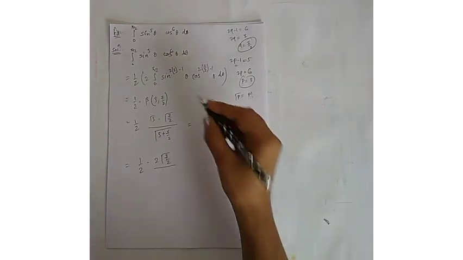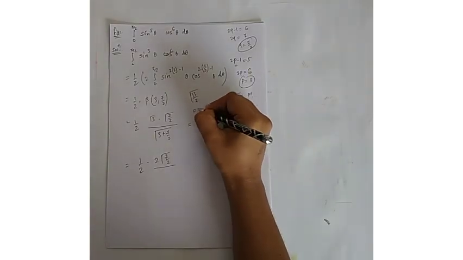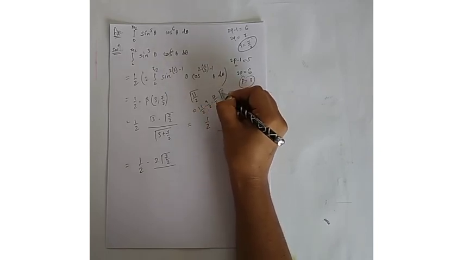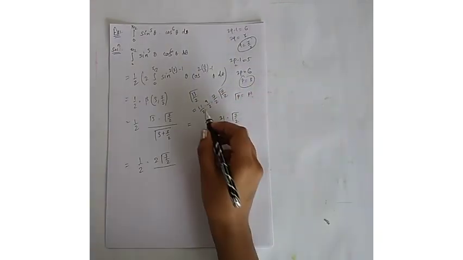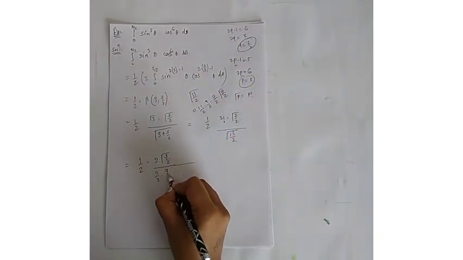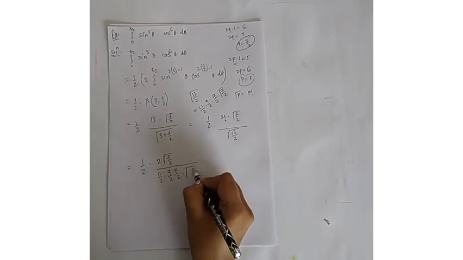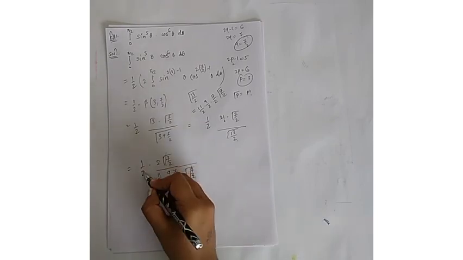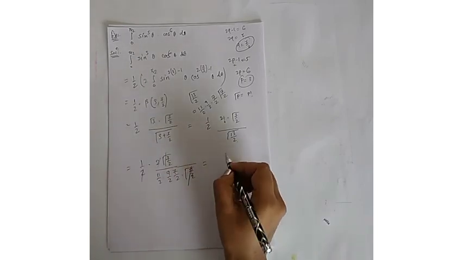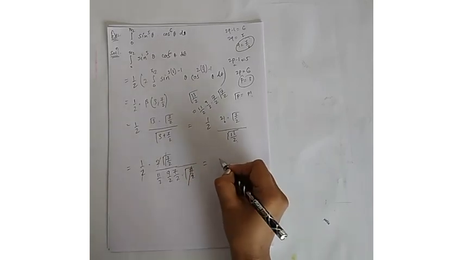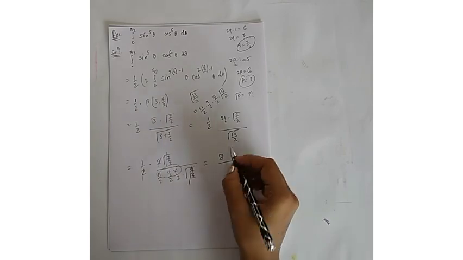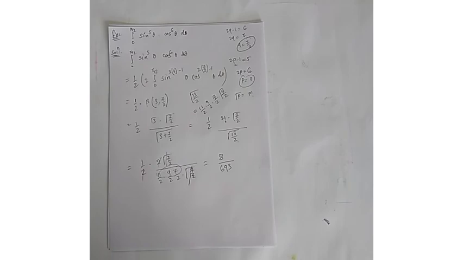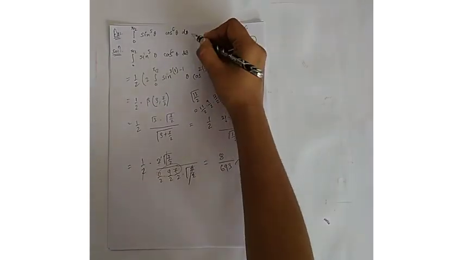We know that gamma 13 by 2 is equal to 11 by 2 into 9 by 2 into 7 by 2 into gamma 7 by 2. Put this value here: gamma 7 by 2 cancels with gamma 7 by 2, and the 2s cancel. This gives 2 into 2 is 4, 4 into 2 is 8, upon multiplying out, 693. So this is the value of this integral.